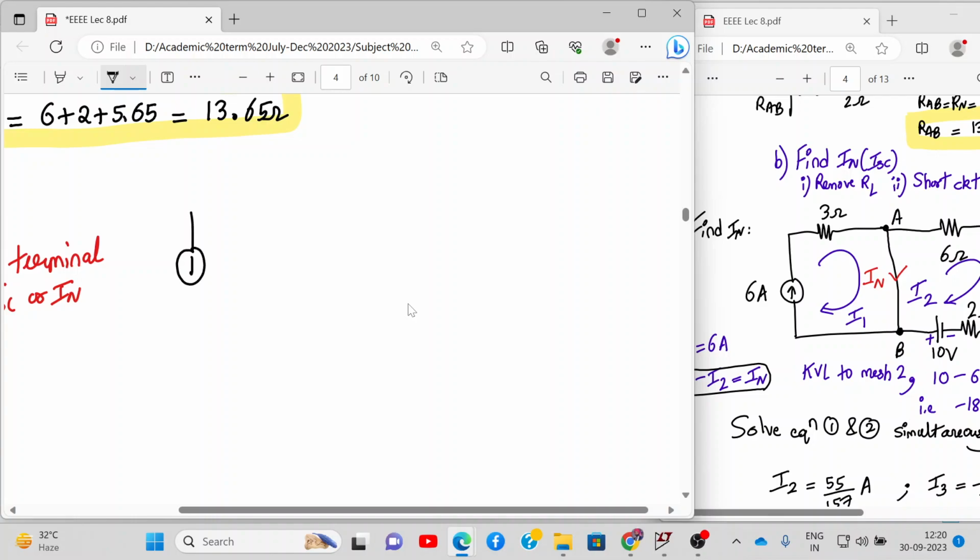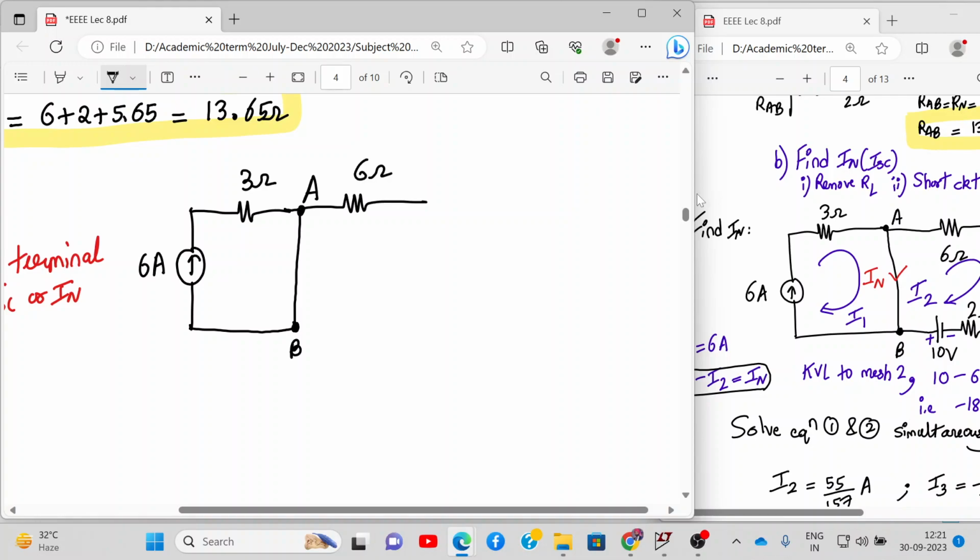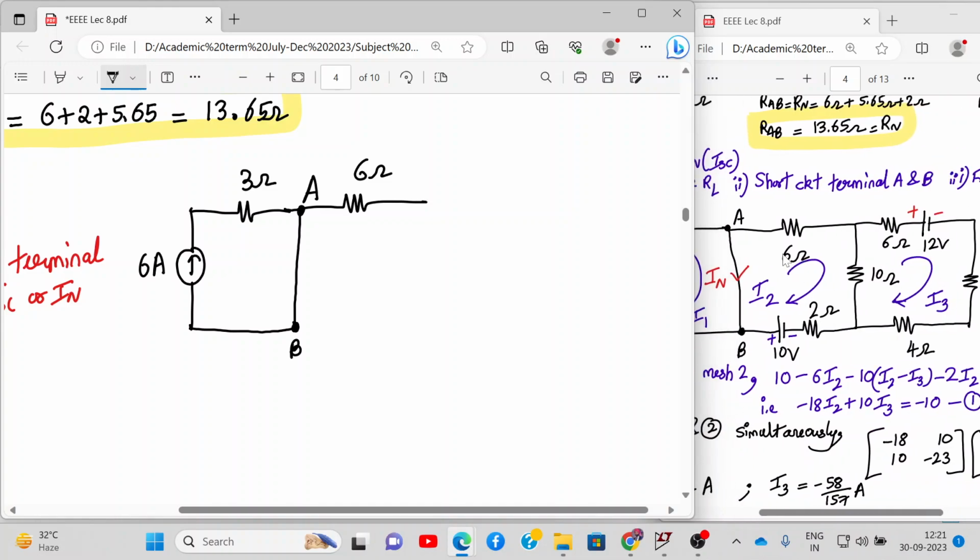So we have 6 ampere current source over here. Then we have 3 ohm resistance. This is A and B. So between point A and B, we have to connect a short circuit. Then we have 6 ohms resistance connected over here. Then we have this 10 volt, 2 ohm resistance. We have 10 ohm resistance.